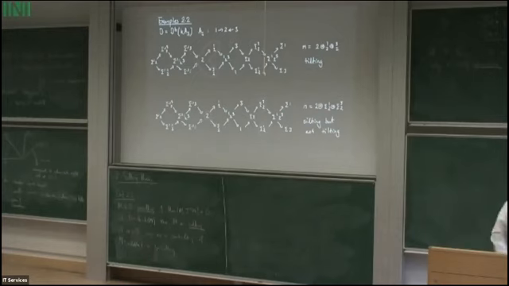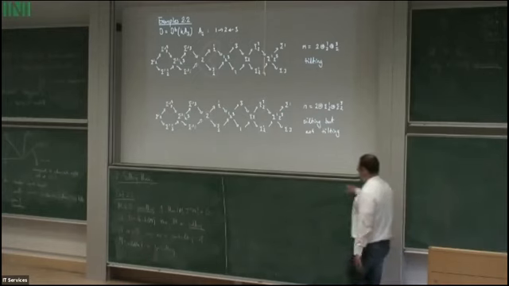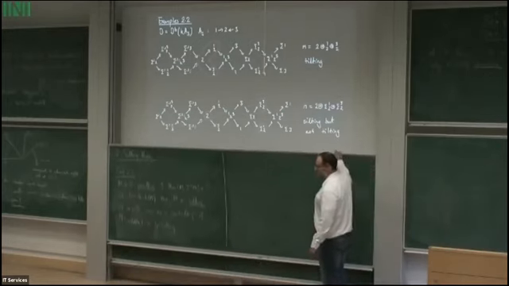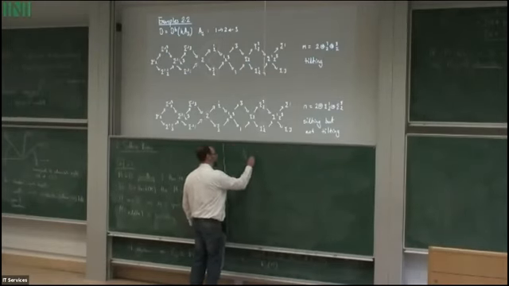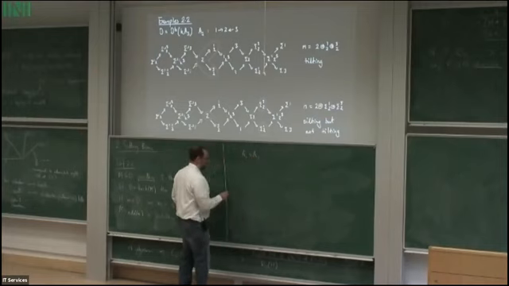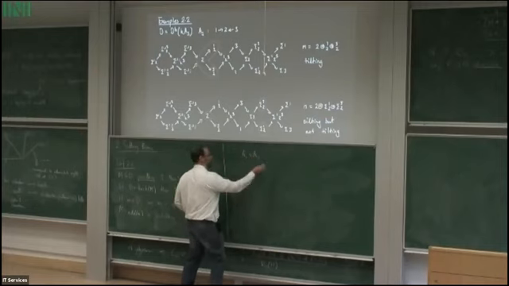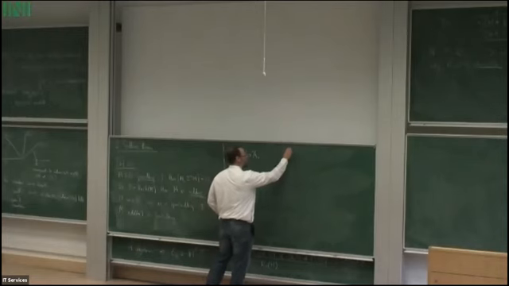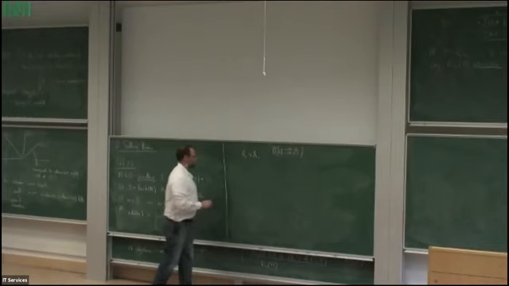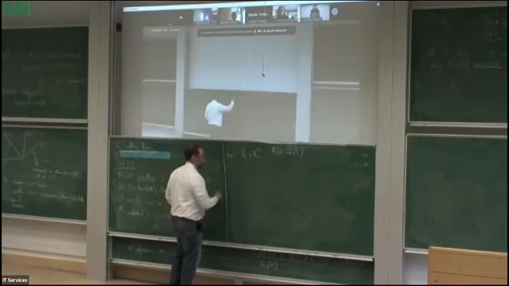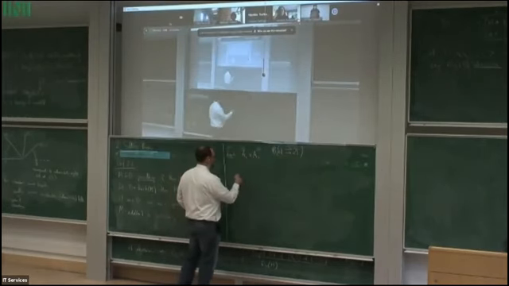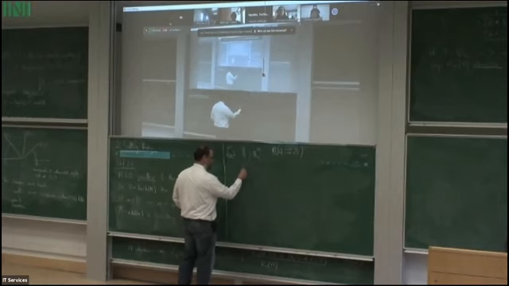Essentially, in P1 there are A1 cross A1 hearts. I say P1, but I'm talking about the derived category. This is the quiver of bounded hearts. So A1 cross A1.